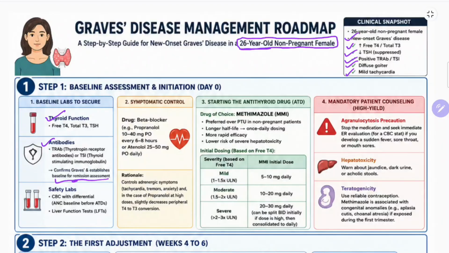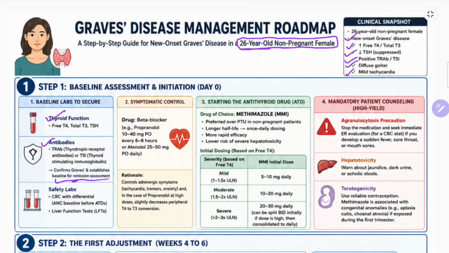And the second important point about TRAB is, after 12 to 18 months of anti-thyroid therapy, if the thyroid receptor antibodies are checked and they are negative, then it is very unlikely that the patient will relapse. If they are positive, then it is more likely, 80% chance, that the patient may relapse after discontinuation of anti-thyroid drugs after 12 to 18 months.